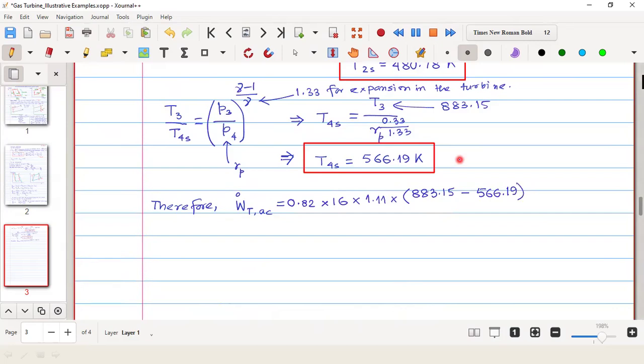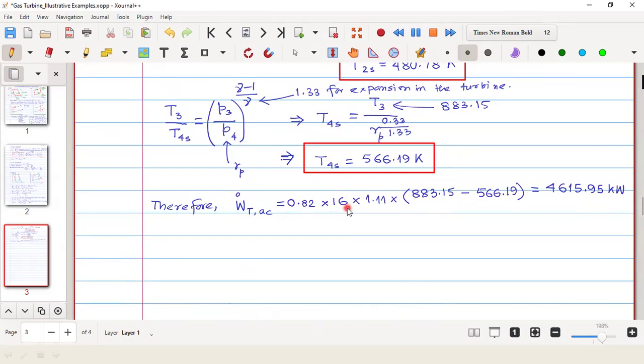If we calculate that, it will come to be 4615.95 kilowatt.